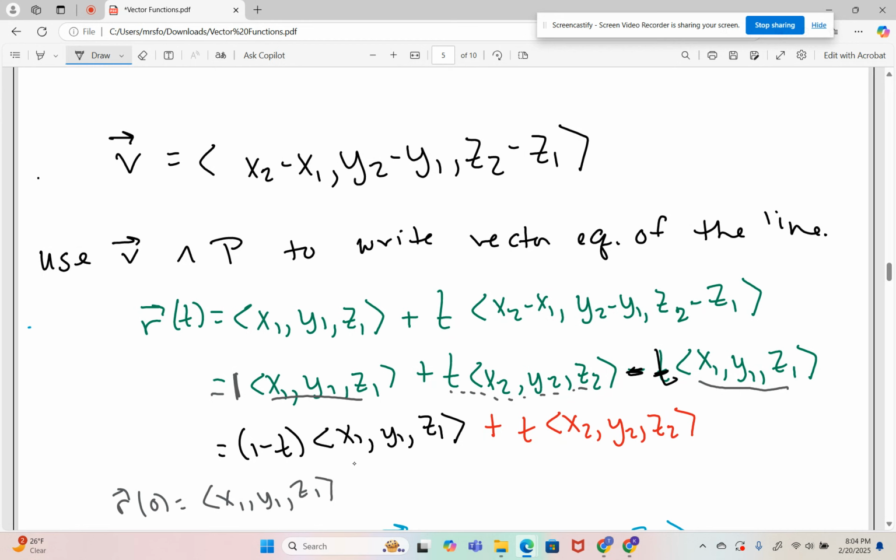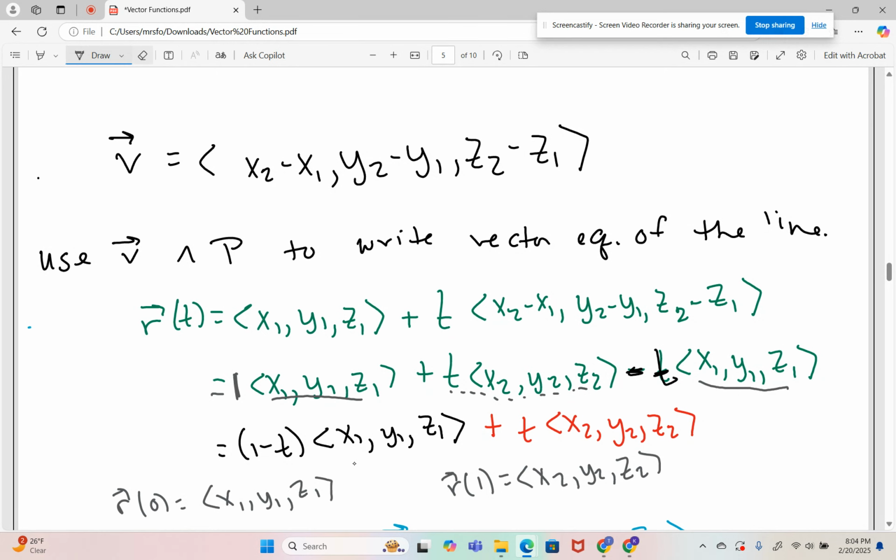Then that would be 0 times that, so it's nothing. But now what if my t was 1? 1 minus 1 is 0, so that whole thing would go away. And the second part would be 1 times x2, y2, z2.